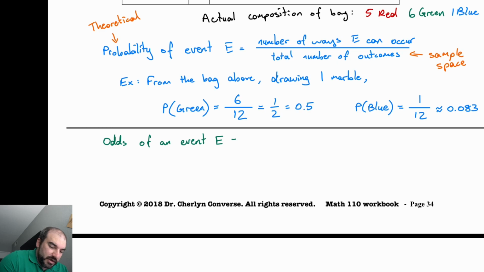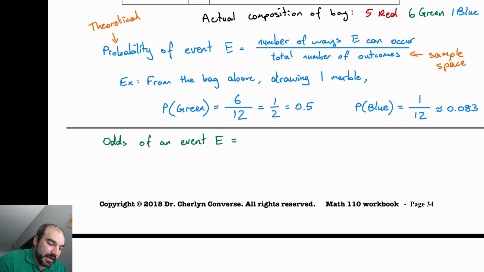It's very similar to probability, except when we talk about odds, it's more of just a ratio of a number to another number rather than a fraction. It's also a little bit different in that we look at an event happening versus it not happening, rather than an event happening versus the total number of events.